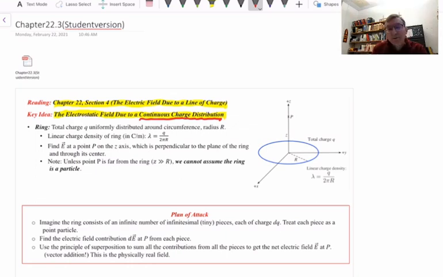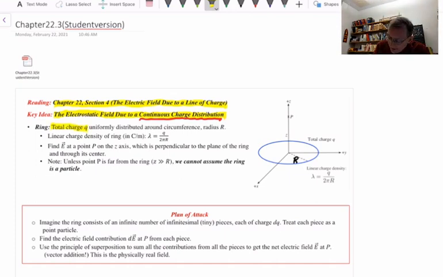We're going to take an object that's a circle or a ring, okay? And it's drawn in this picture as a blue circle. And any ring or circle has some radius. That's denoted here with capital R. And we're going to take some total amount of charge. We'll just call that little q.